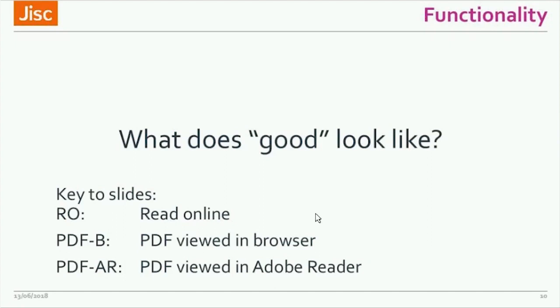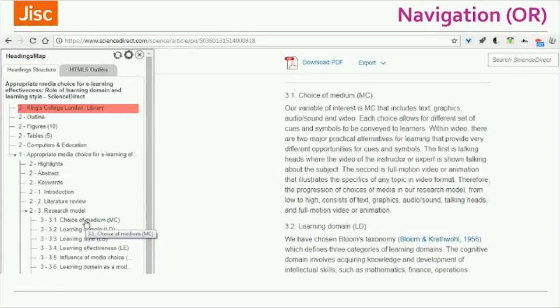RO is reading online. This is the Elsevier ScienceDirect platform. I remember it now. PDF B is PDF viewed in a browser, and PDF AR is PDF viewed in Adobe Reader. So I'm just going to show you some things that a student might come across.